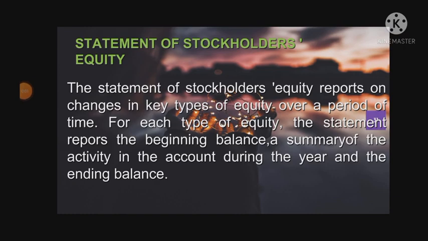Statement of stockholders' equity. The statement of stockholders' equity reports on changes in key types of equity over a period of time. For each type of equity, the statement reports the beginning balance, a summary of the activity in the account during the year, and the ending balance.